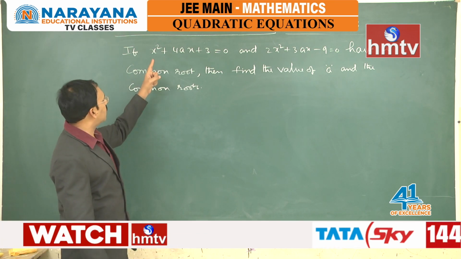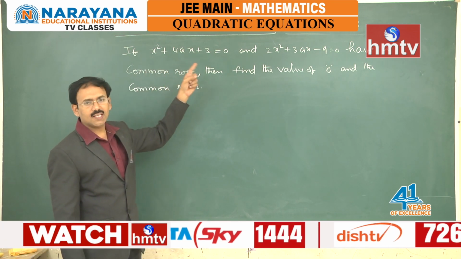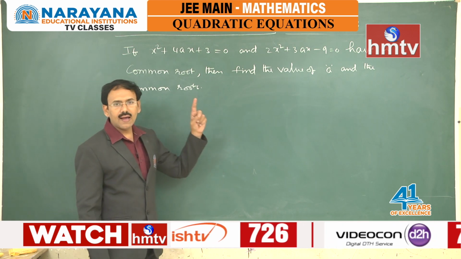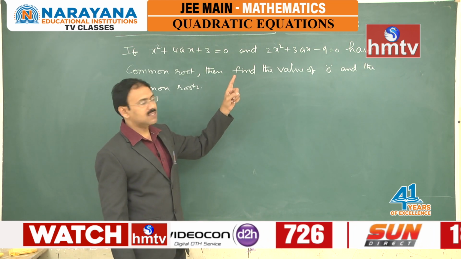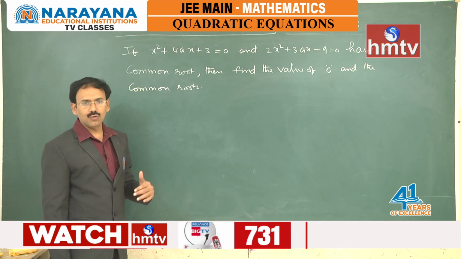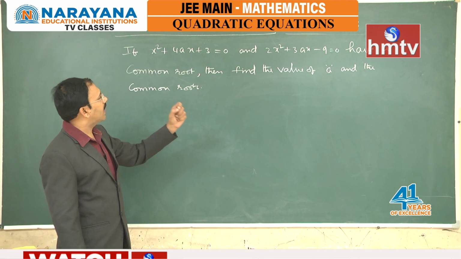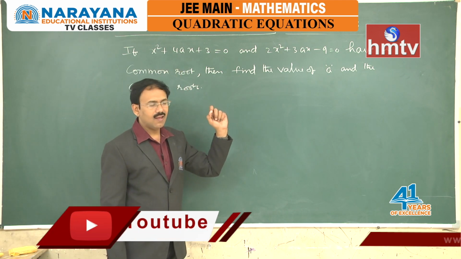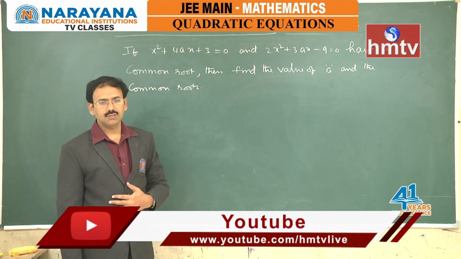If the equations x square plus 4ax plus 3 equal to 0 and 2x square plus 3ax minus 9 equal to 0 have a common root, then find the value of the unknown a and the common roots. Right.